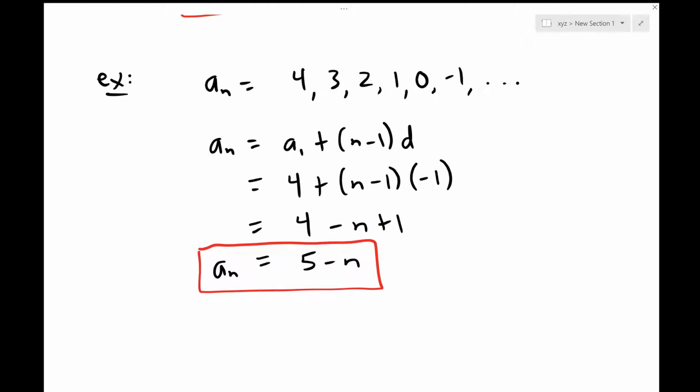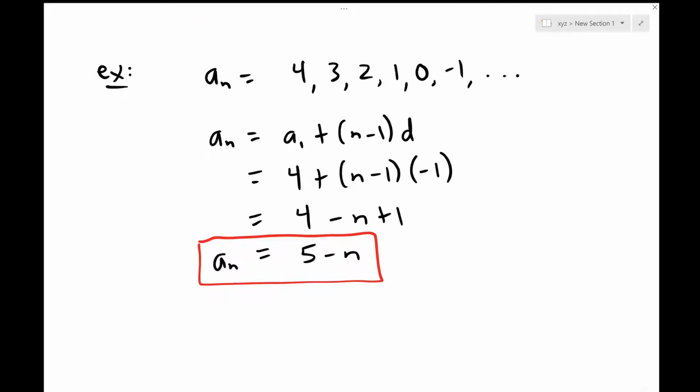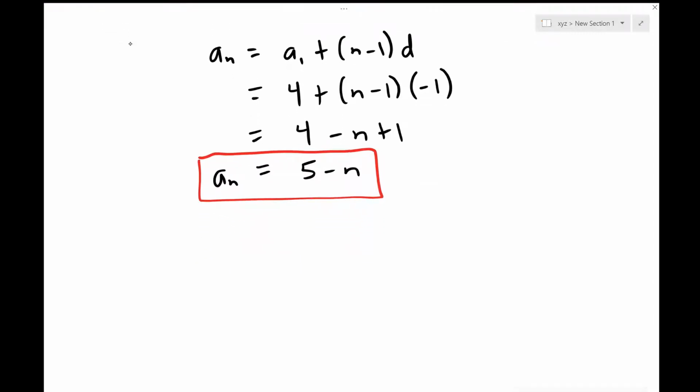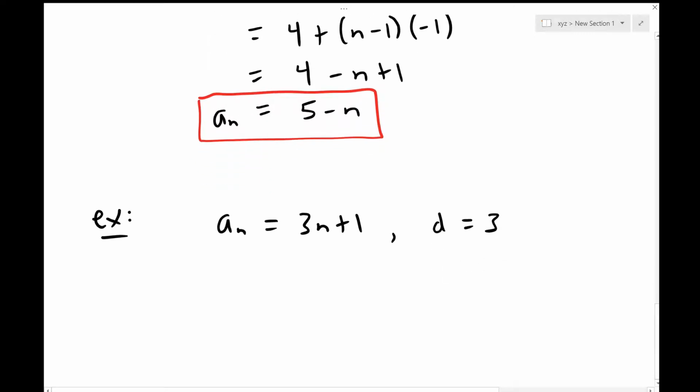What I would like us to notice for each of these examples is that for the previous one, we said that a sub n was equal to 3n plus 1, and the common difference there was 3. And for this other one that we just looked at, we have 5 minus n, or you could also think of it as -n plus 5, but the common difference there was -1.